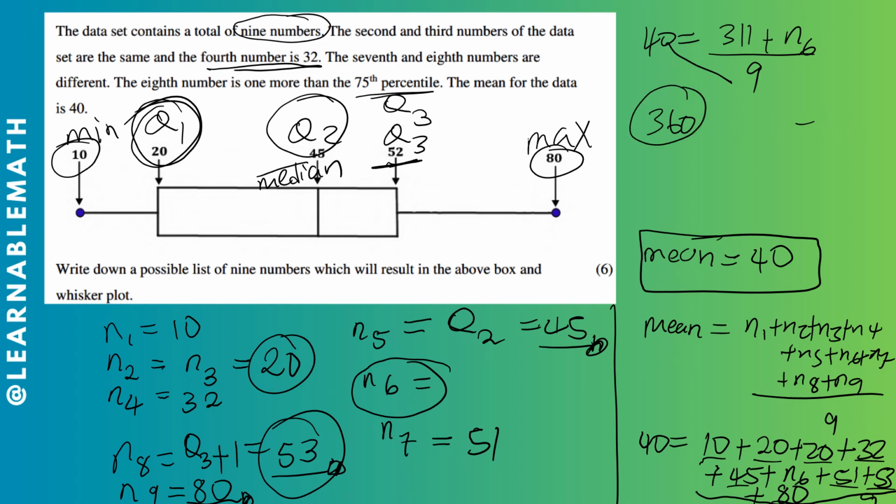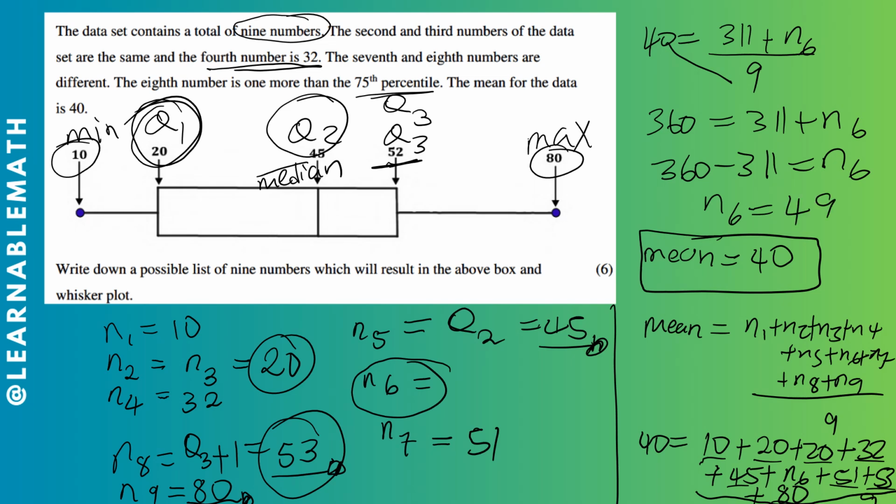Then obviously 40 times 9 is 360. Let me just write it like this: 360 is equal to 311 plus number 6. Then we say 360 minus 311 to finally get number 6. If we say 360 minus 311, our number 6 will be 49. Now we can list all these data values.